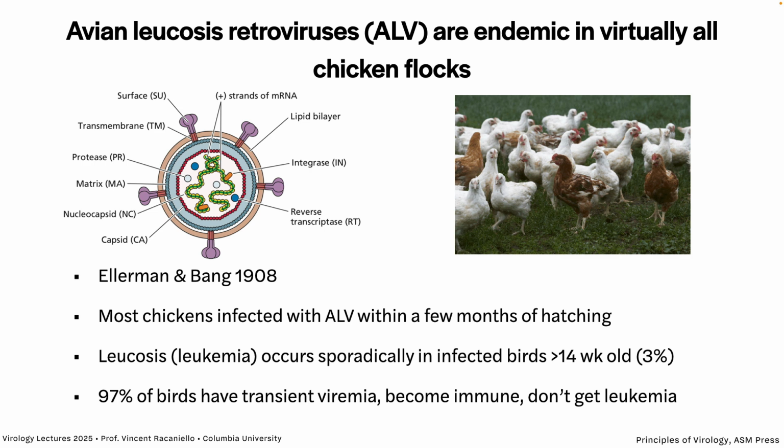And the older chickens, more than 14 weeks of age, about 3% of them develop leukemia or leukosis, another word for leukemia. Almost all the birds get transient viremia after infection, but most do not get leukemia, only a few. And you'll see why in a bit. Okay, that is avian leukosis virus.